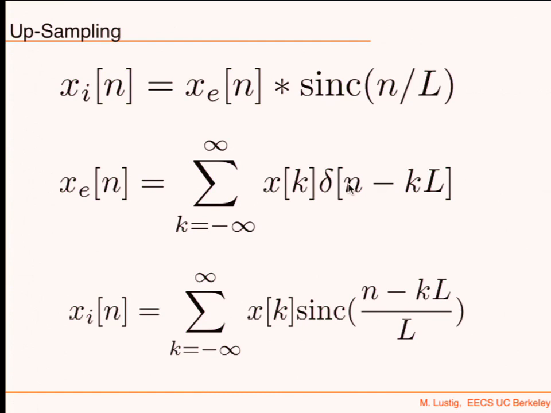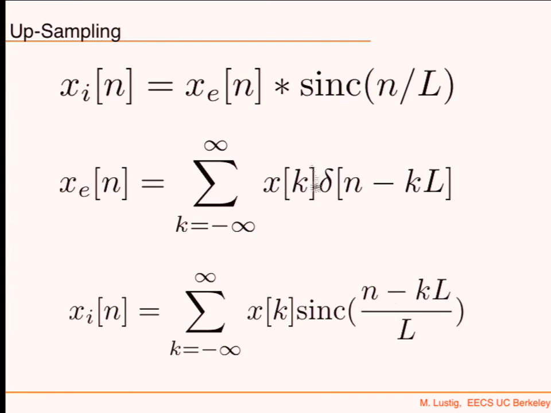Right? It's exactly the same thing. Sorry. Yeah, so this is basically shifted delta, so this is expanded. So if we want to see what x sub I of n is, it really becomes a convolution between x of k and sinc of (n minus kL) over L.